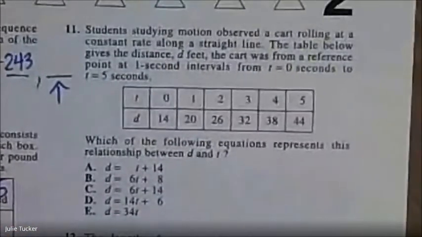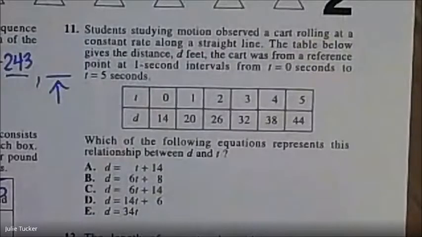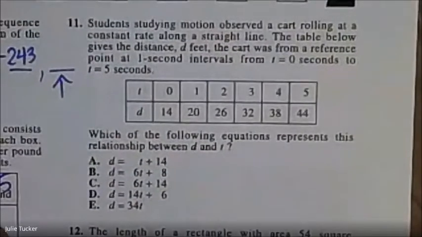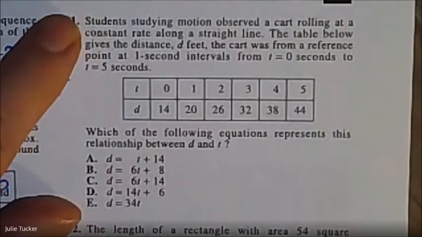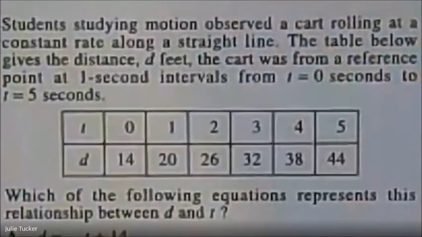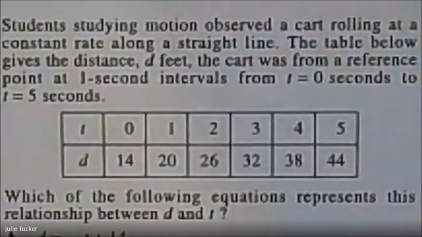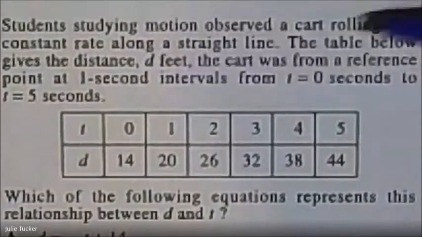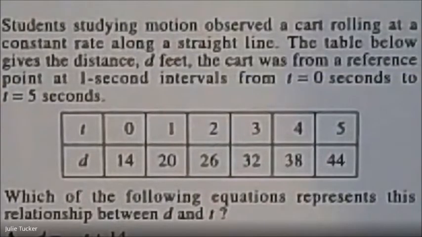Number 11. Students studying motion observed a cart rolling at a constant rate along a straight line. Here, I'll zoom it. Is that better? The table below gives the distance d feet the cart was from a reference point at 1 second intervals from t equals 0 seconds to t equals 5 seconds.